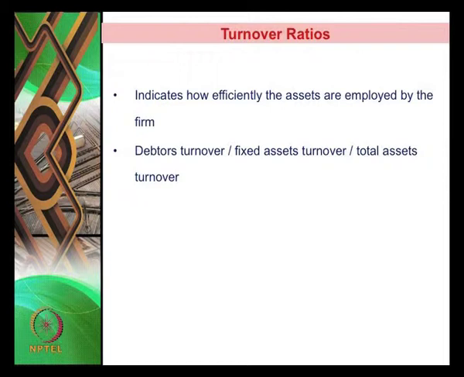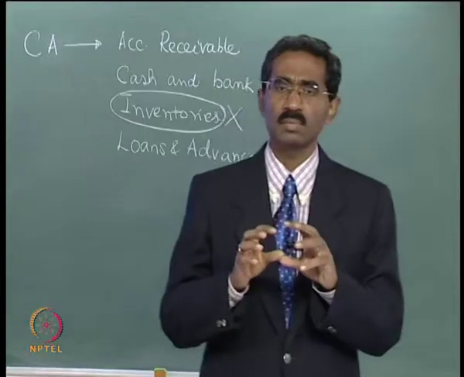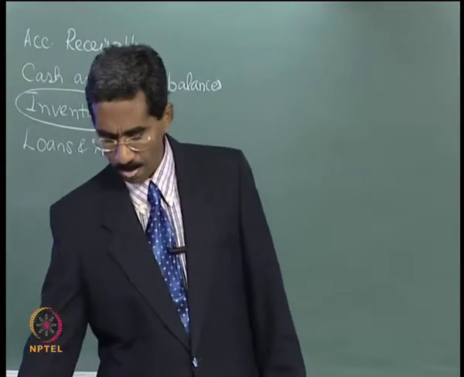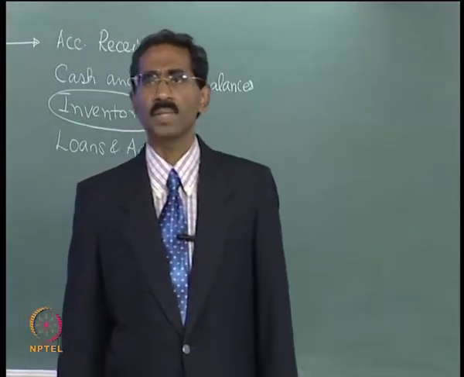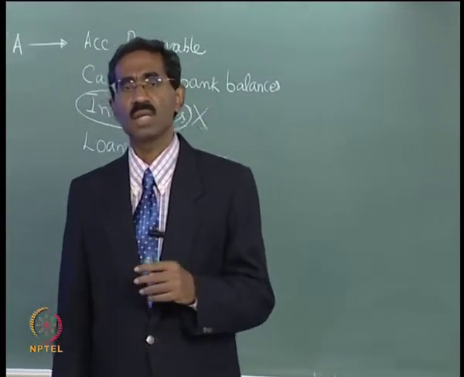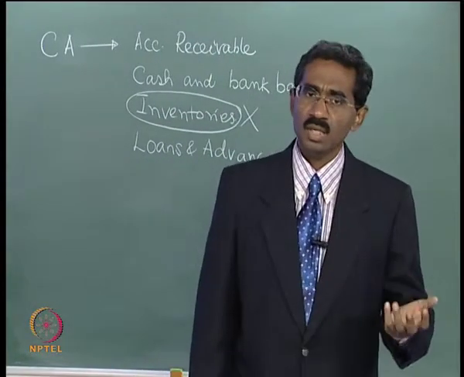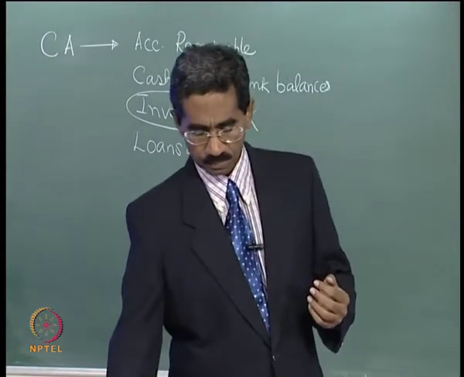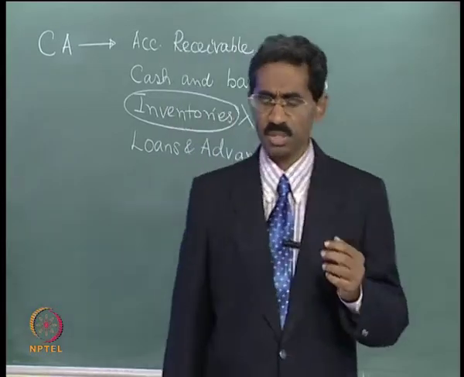and broadly speaking, there are different categories of turnover ratios. So they are debtors turnover, fixed assets turnover, and total assets turnover. Let us look at each of them one by one. Start with debtors turnover.